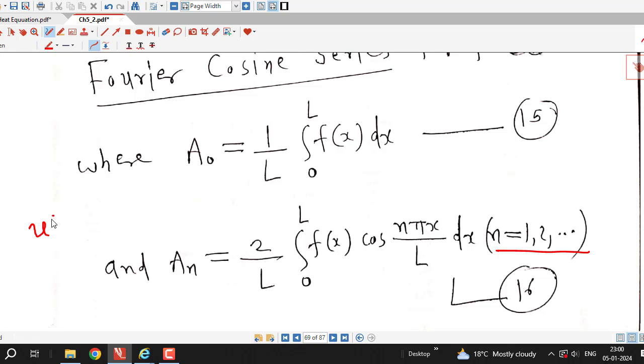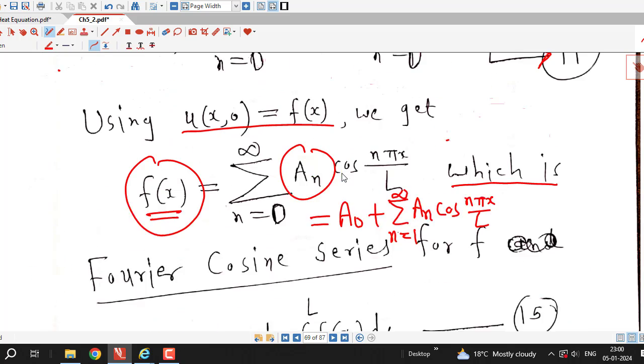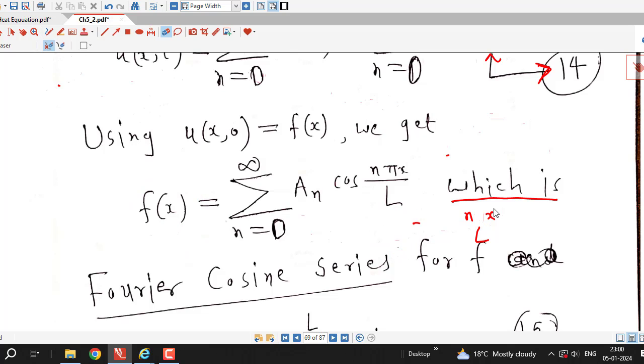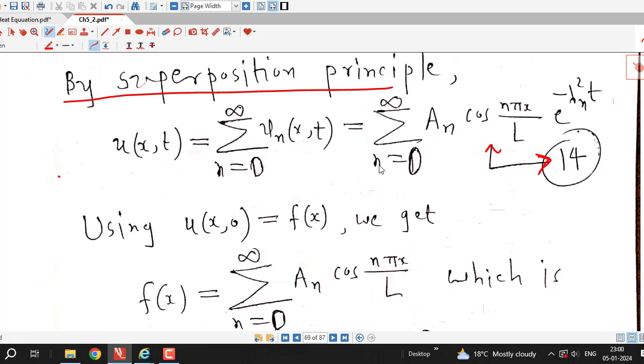In the first case, we had considered the boundary conditions that temperature is 0 at both the ends of the bar, and in that case the solution contained sine terms, and here the boundary conditions are different, that is del u by del x is 0 at x equal to 0 and at x equal to L, and we can see the difference.